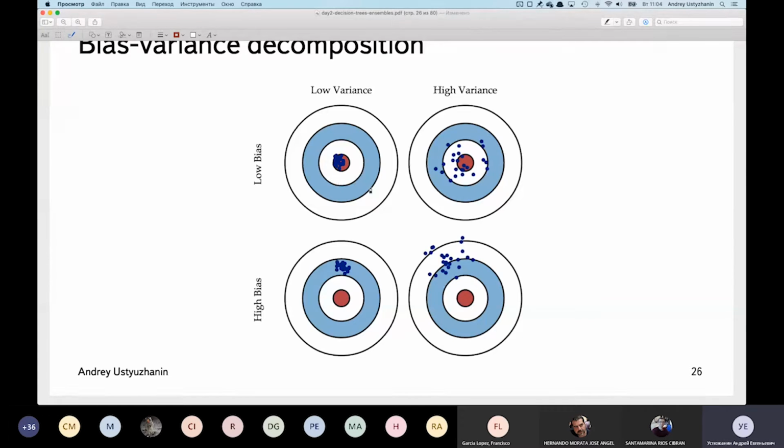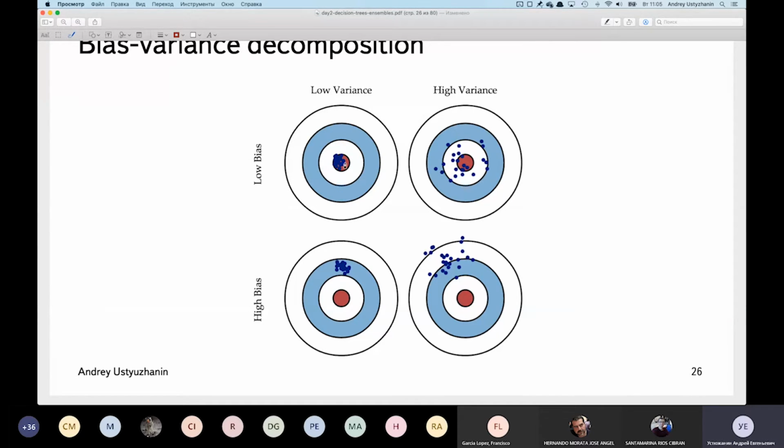So you can compare the accuracy of the algorithm to the accuracy of a shooter. You have a target here, and the ideal shooter can get to the center of this target, and you see that there are two measurements, two degrees, that can characterize the misses.